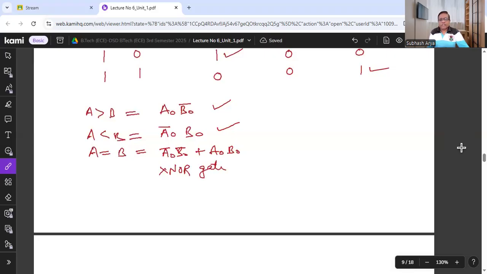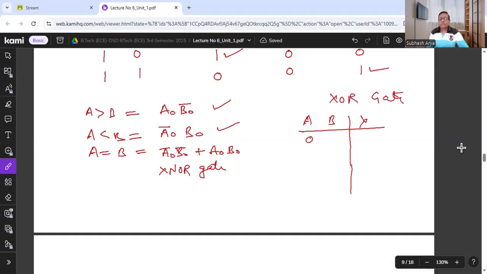Let me explain why. If we see the truth table of the exclusive NOR gate, suppose A, B are inputs and Y is the output.